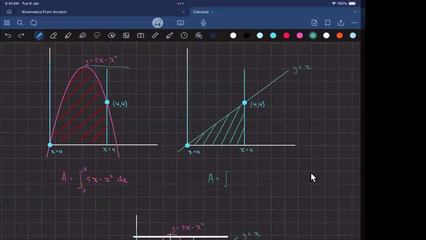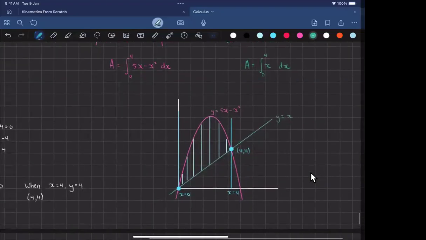Okay, so it was y is equal to 5x minus x squared. You put 5x minus x squared. And what limits are you going to put? 0 and 4. Yeah. And to find the shaded area, how are you going to do that?